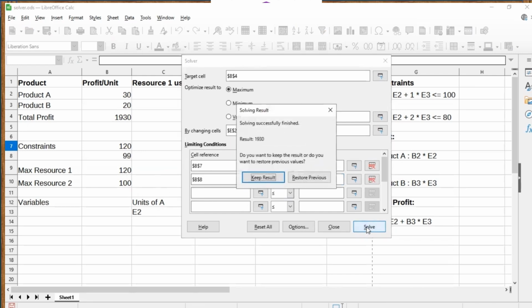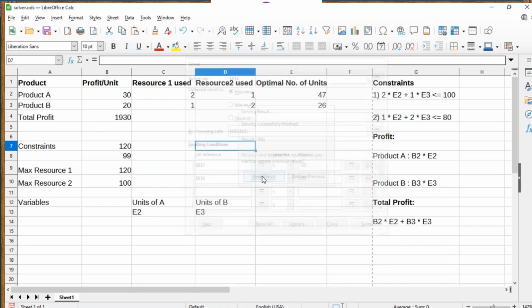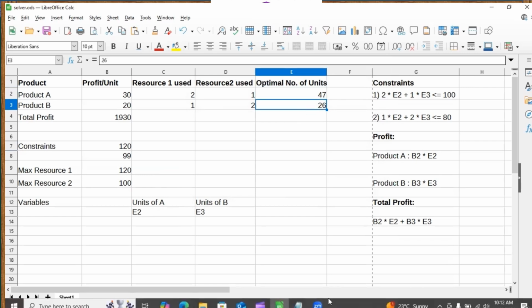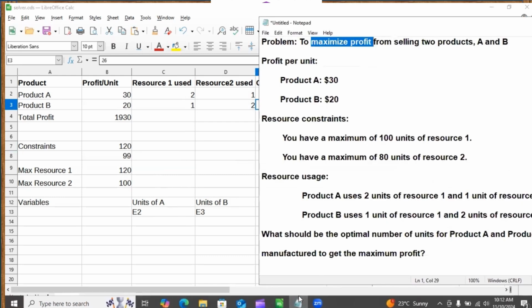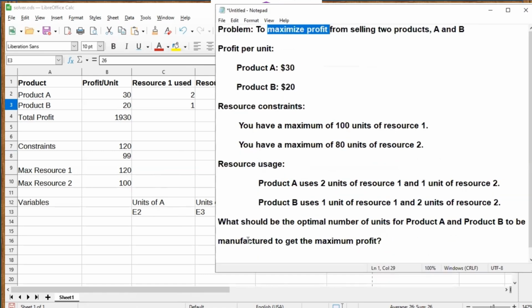Let's solve it again with the changed constraints to find maximum profit and the optimal units of product A and B. Now the maximum profit is $1,930. Let's keep the result and check the optimal quantities of product A and B. Now 47 units of product A and 26 units of product B can be manufactured with the changed constraints to maximize the profit.